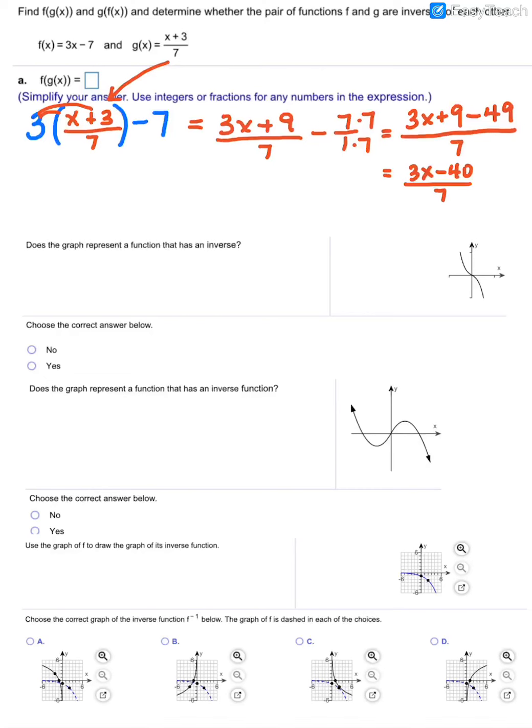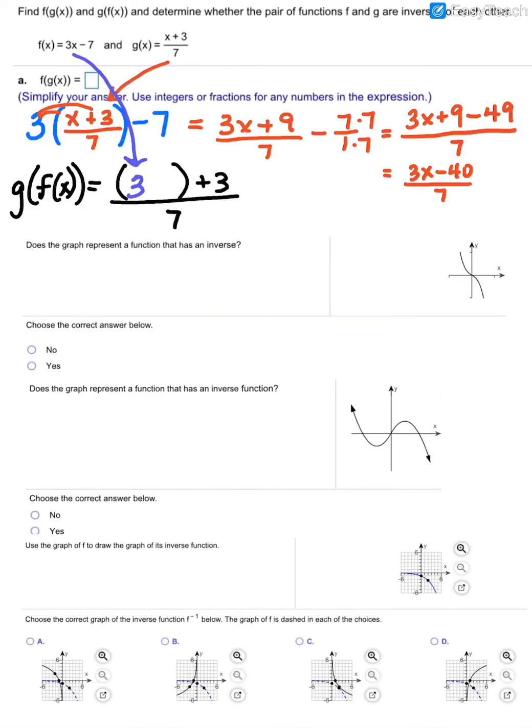Now, when I turn it around and compose g with f of x, that means I'm going to take function g, write it down with parentheses in place of the x, and then go back and plug function f into function g.